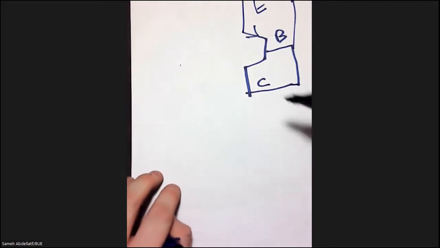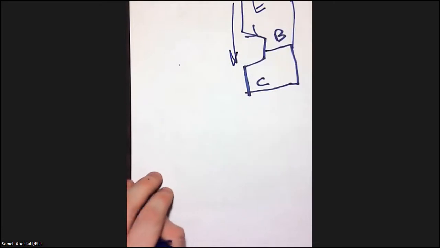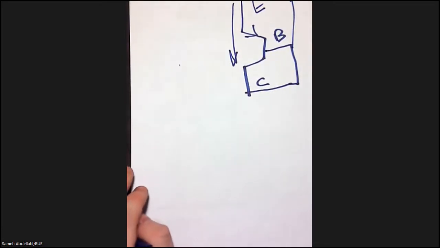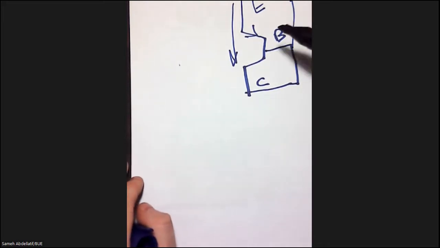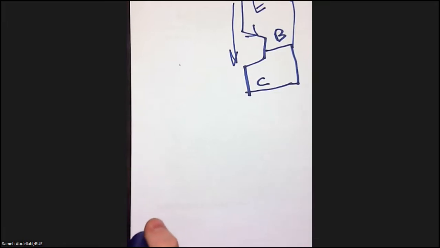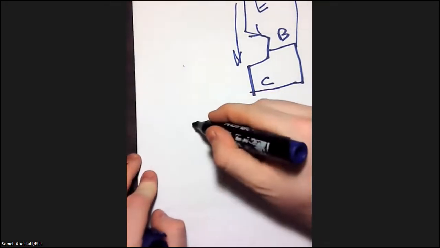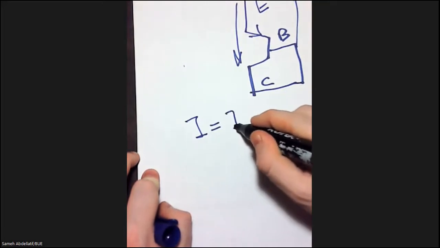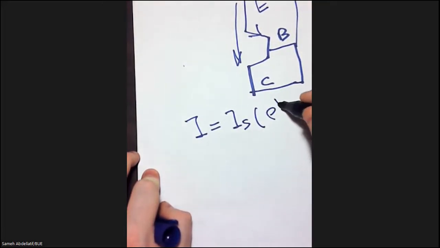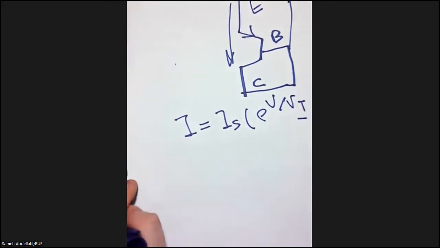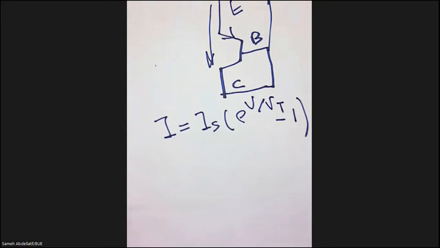So accordingly, the current flowing here, which we call in electronics the IC or IE, we can assume that both are typically equal. So the current flowing here is mainly a diode current. So you can say that I equals I saturation times e to the power of V over VT minus 1. I'm sure that you remember this equation. This is a very standard exponential equation for a BJT.